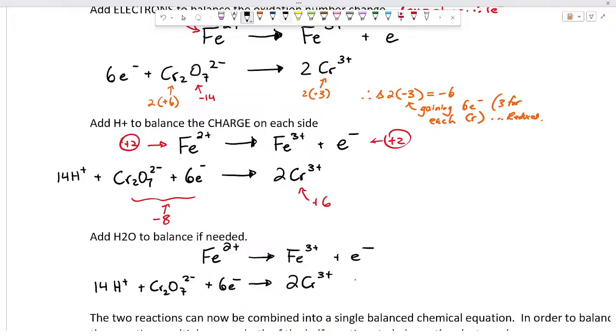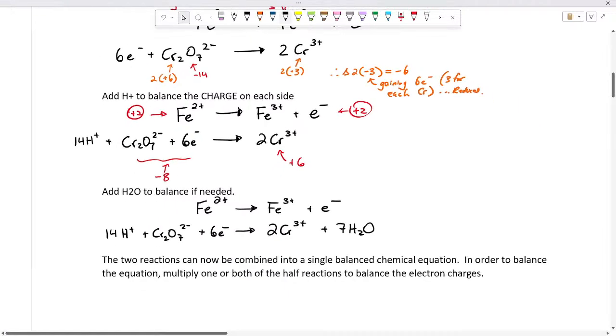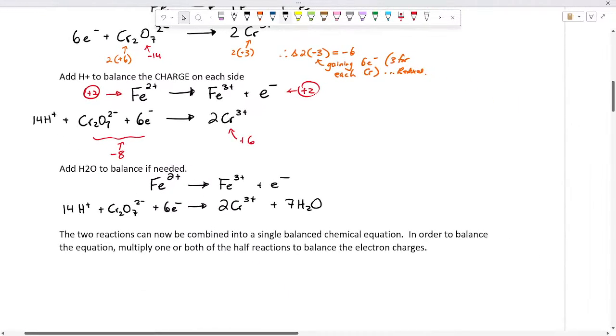What do I need here to balance it in terms of water? 7 waters. And if this is going to work, that's going to balance both the hydrogens and the oxygens. Does it balance both the hydrogens and the oxygens? Yeah, cool. If a reaction won't balance, then the reaction doesn't work.